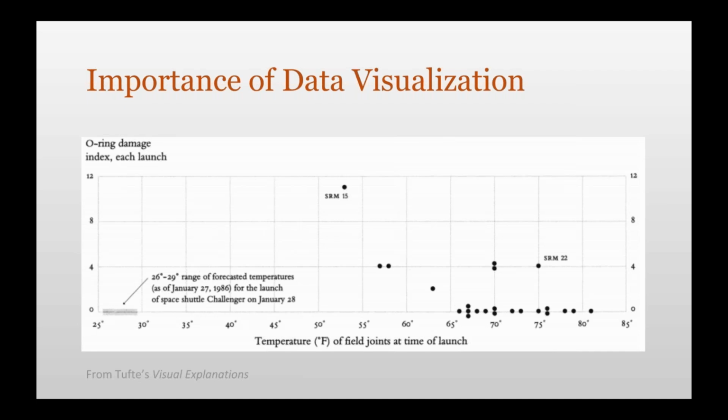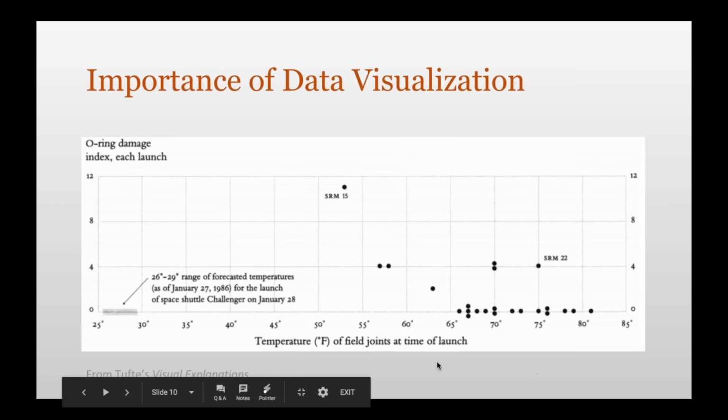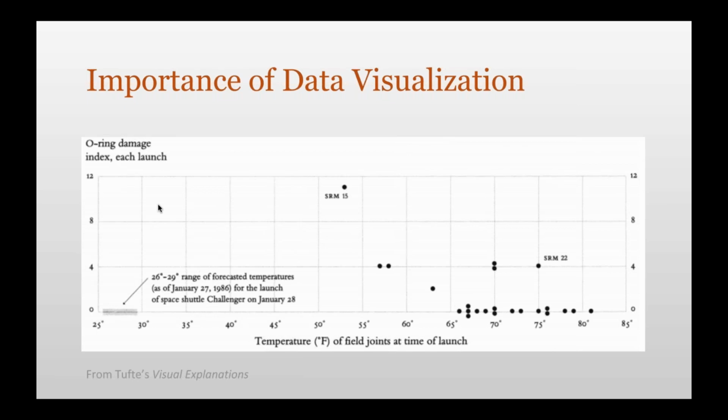First of all, this is from Cape Canaveral. In terms of temperature variations, before I get there, temperature is on the x-axis and the O-ring index is on the y-axis. So it's giving some information about the quantity of damage and the temperature.